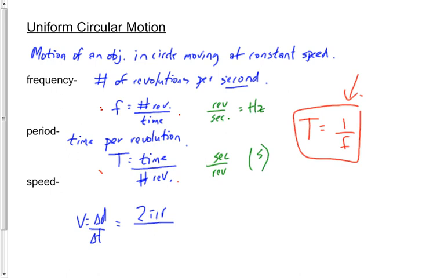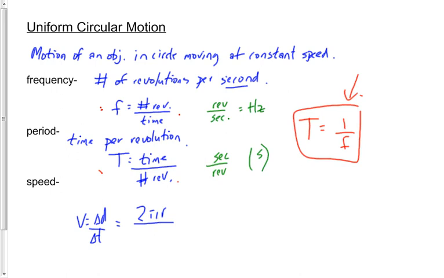If we're using the distance around the circle one time, then we have to use the time around the circle one time. What's the time around the circle once called? How long does it take to go around the circle? There's a term that we've already defined that means the time around the circle one time. The period.